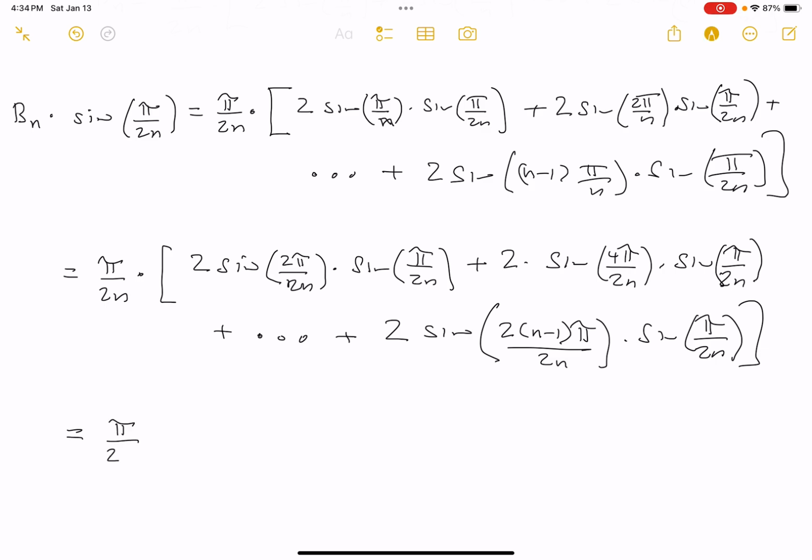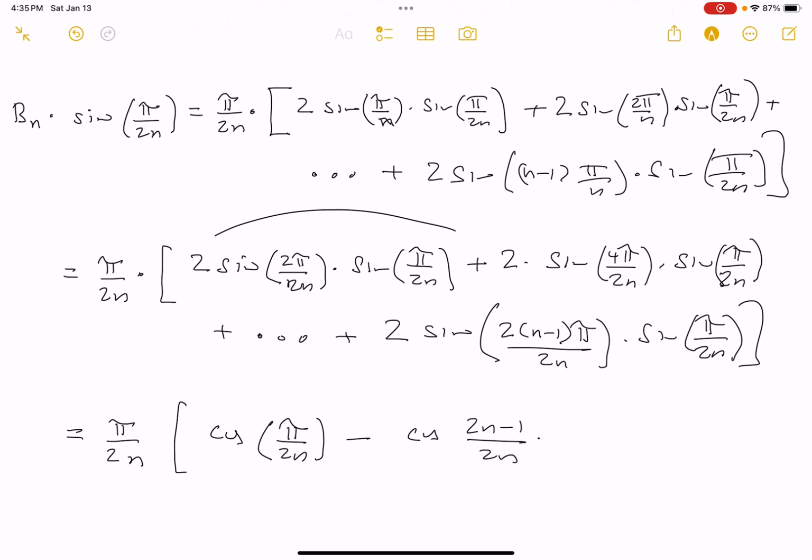Let's write this over here. It's going to be pi over 2n cosine pi over 2n. Remember when we spread these things out before using that formula that we were given, that things did cancel off, telescoping. And we had this beginning, and then we had this end part, minus cosine of (2n minus 1) over 2n times pi.